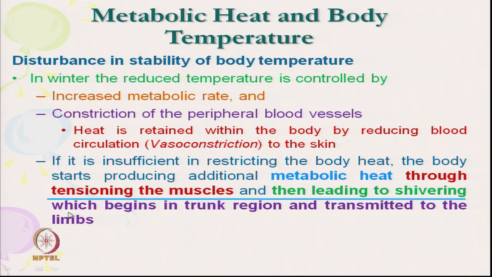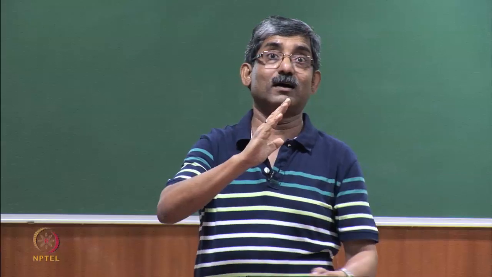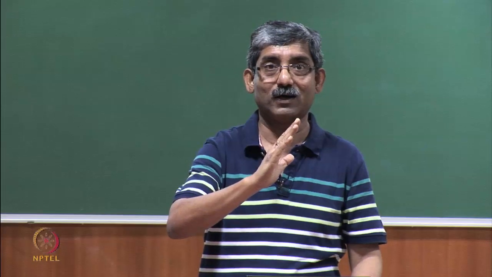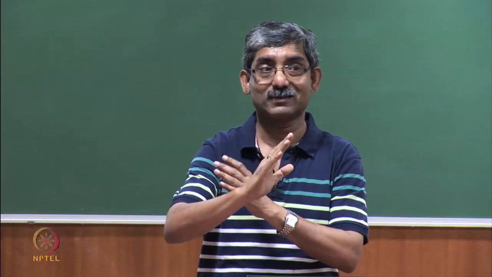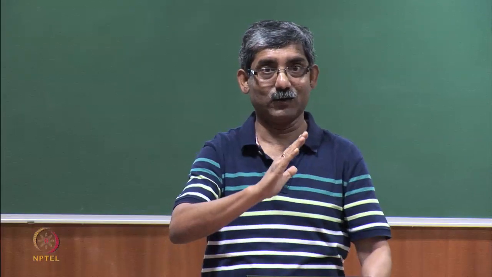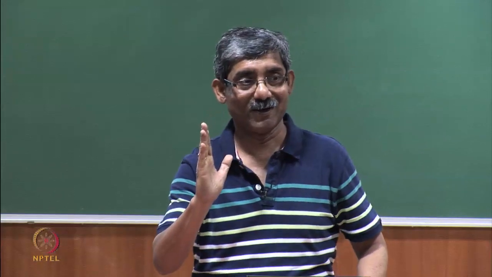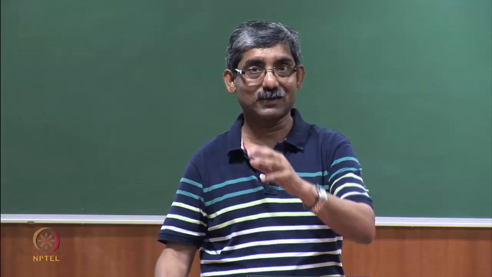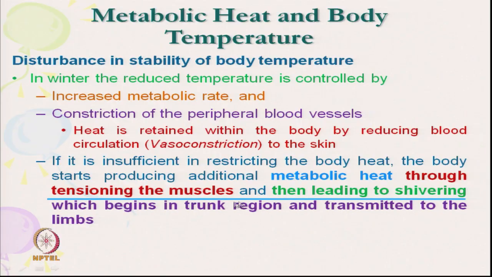This is by tensioning the muscle, and then leading to vibration. You will see that the hairs on the skin get erected. So, by tensioning the muscle, it will start shivering.